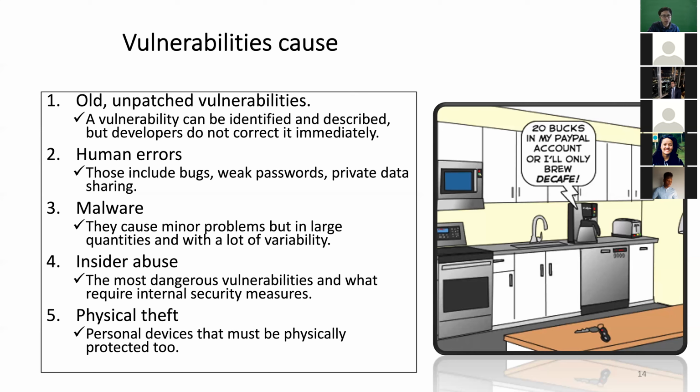Malware is software that other people develop and use to affect your system, to cause damage to your system, right? That's malware. And insider abuse is the most dangerous vulnerability.